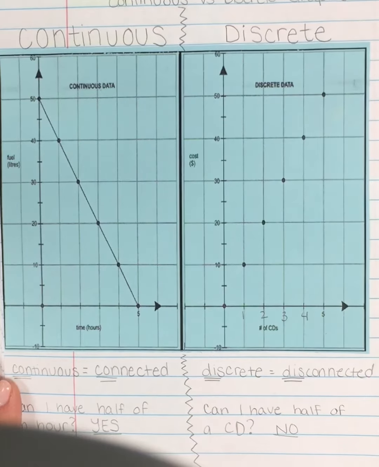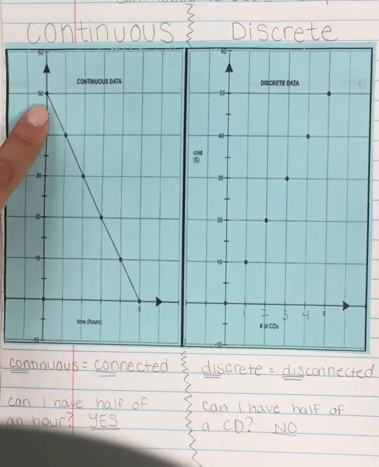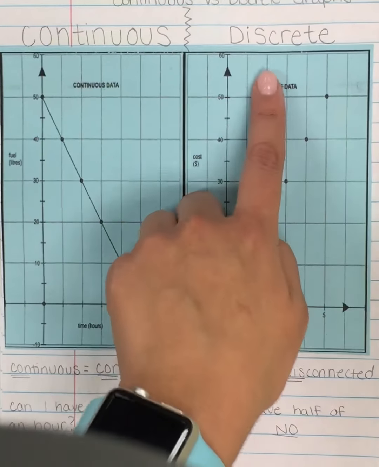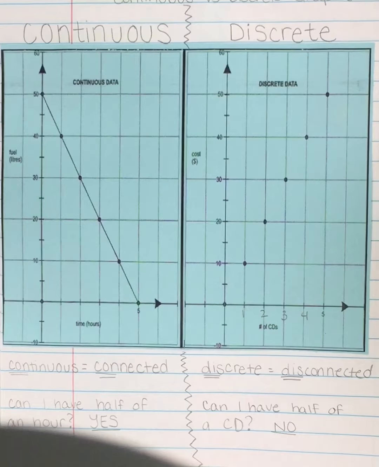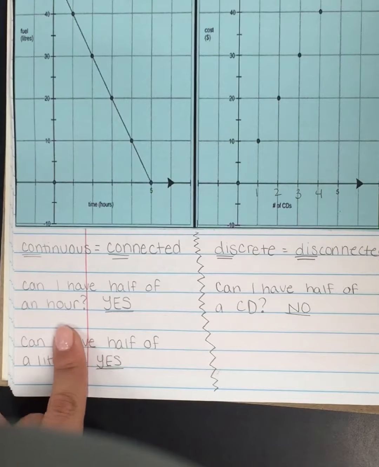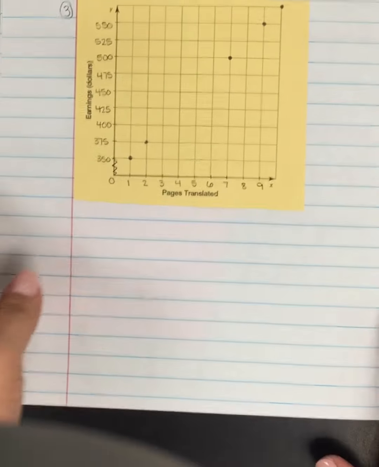This is when we learned about two different ways to represent data. A continuous graph, as you can see here, is when the dots are connected, and a discrete graph is when the dots are disconnected. And remember, the question you have to ask yourself is, can you have half of whatever's on the x-axis and whatever's on the y-axis? So let's look at our example.